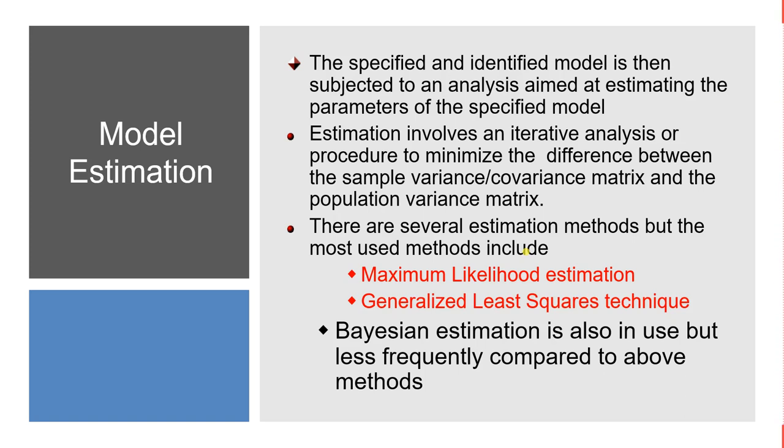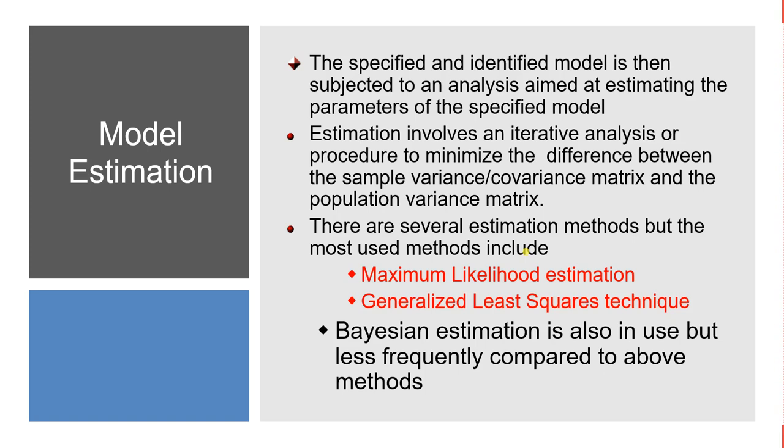Similarly, there is another method of parameter estimation, and that is generalized least square technique. And different Monte Carlo studies have documented that both these methods, the maximum likelihood estimation as well as generalized least square technique, they are fairly good in doing the parameter estimation or model estimation.